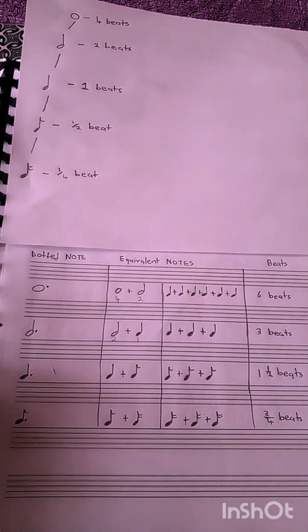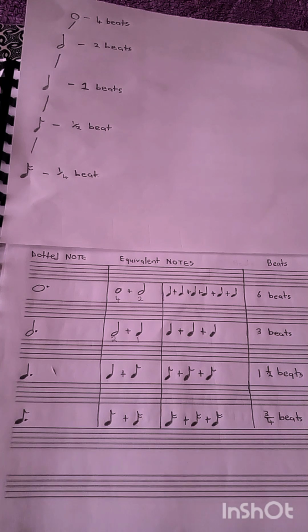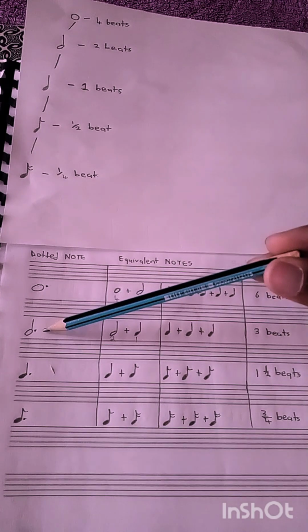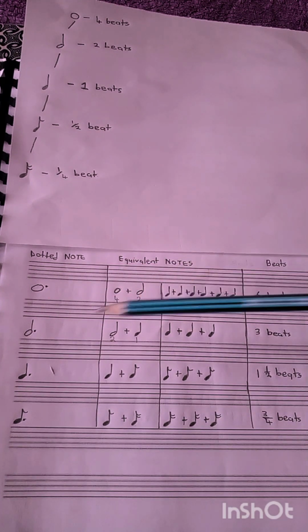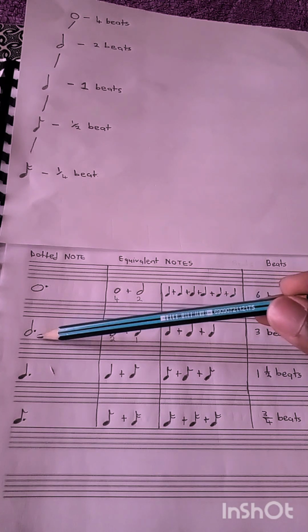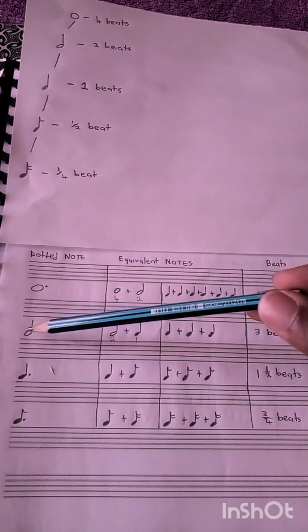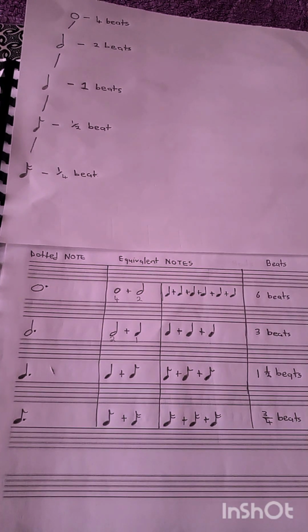Then we move on to the dotted minim. We said earlier that a minim holds for 2 beats. And we also said that this dot represents half the value of the original note, and that the dot also represents the previous note that comes before the minim. And we know the previous note that comes before the minim is a crotchet.